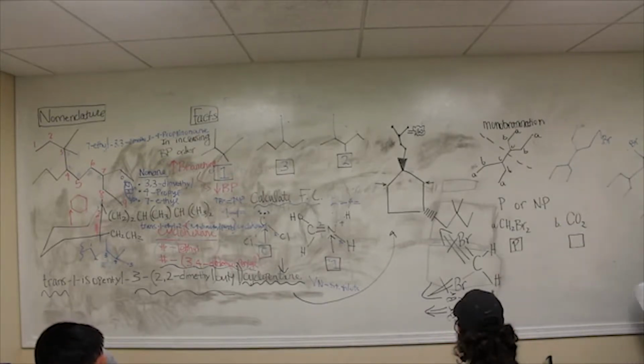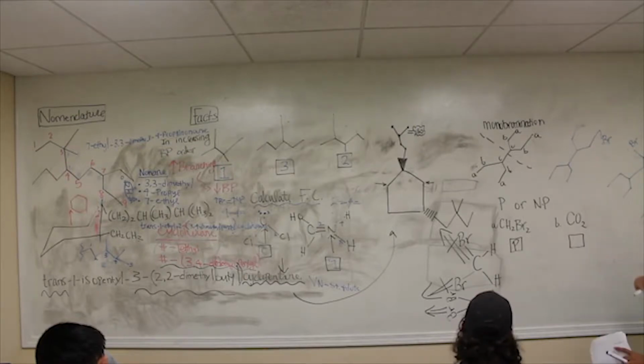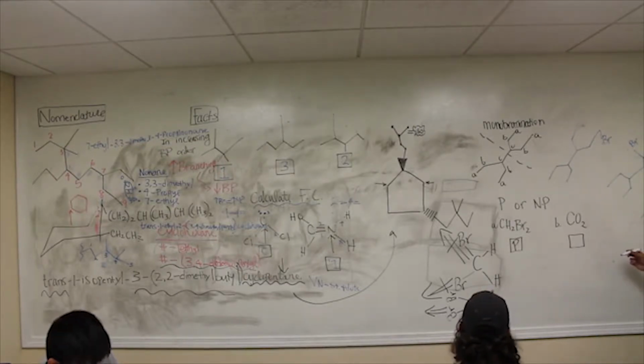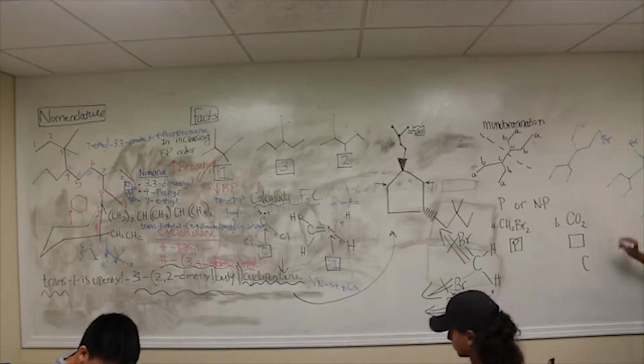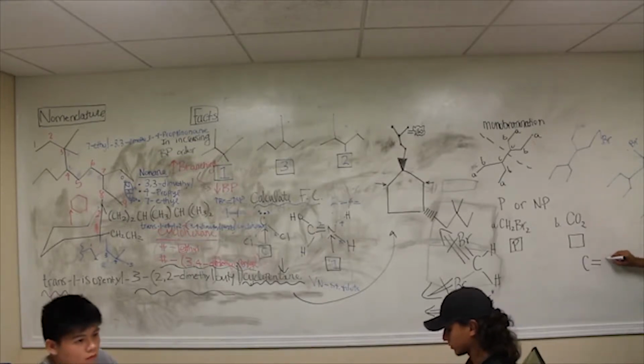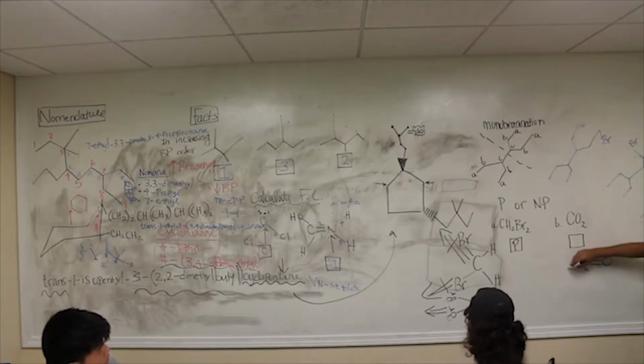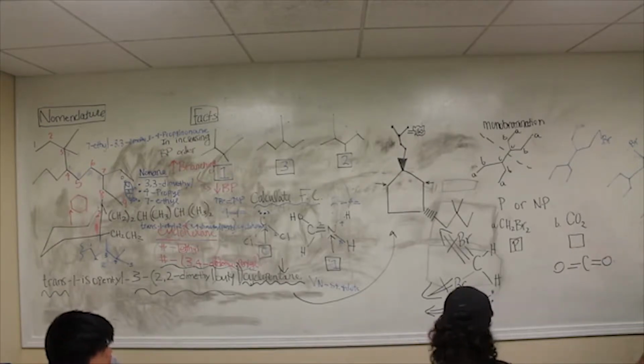Okay? If you're following along, try your best to also write what I'm writing because it's really going to help with all the other things. Okay, so the next one, we have a carbon and there's 2 oxygens. And we know it's going to be double bonded because carbon's supposed to have 4 bonds on it, right?